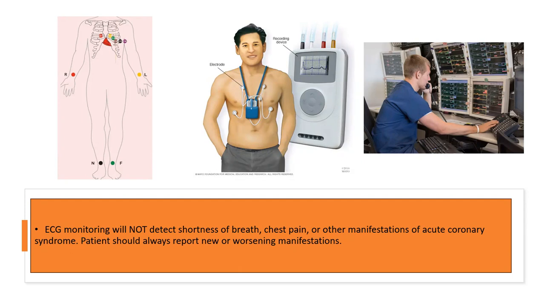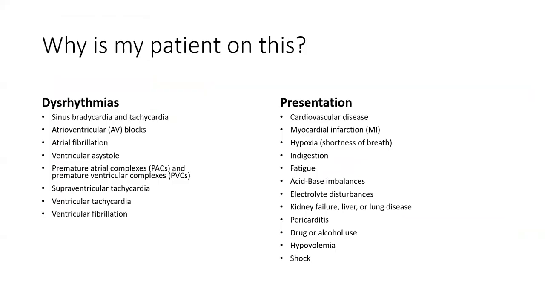So you need to be looking at your patients, and letting your patients know that they need to report new or worsening manifestations. Always make sure that you're checking your patient. If you see something on here like ST elevation, we all know that could indicate a myocardial infarction. First thing you want to do, check your patient. Look at that level of consciousness. See what's going on with them. So why is my patient on this?